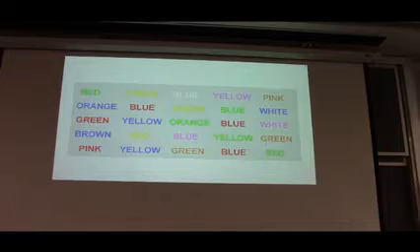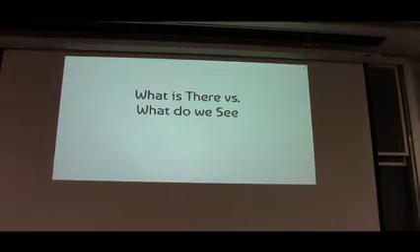So here is the difference between perception and cognition. We have words that represent colors shown in different colors. The initial stimulus, the perception, is blue for this one here, but then when we think about it, the cognitive part is brown.